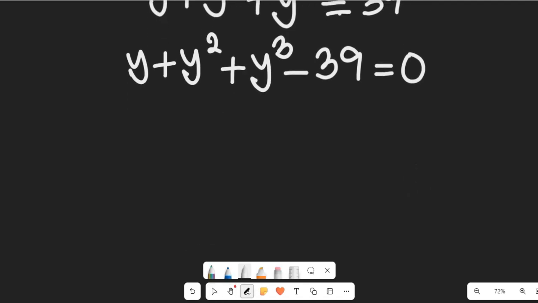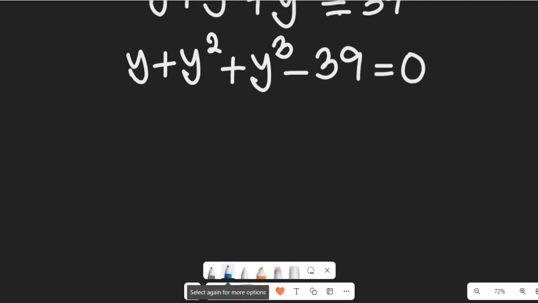I want to factor out this expression, which looks more like a polynomial expression, but then we can solve this easily. And what we need to do is to solve this using some logical reasoning.